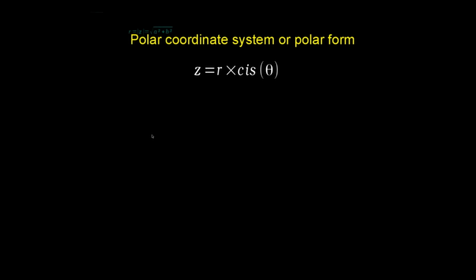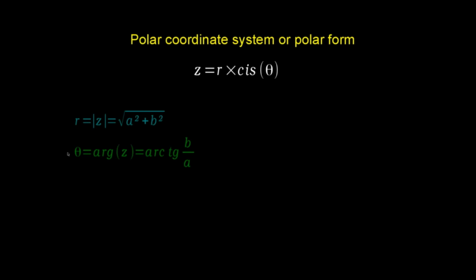This r is the modulus of our complex number, and it is equal to the square root of a squared plus b squared. This a and b are the real part and the imaginary part that we used in the Cartesian form. And theta is the argument of our complex z, and is the arctangent of b divided by a. Again, this a and b belong to the Cartesian form that we used before.